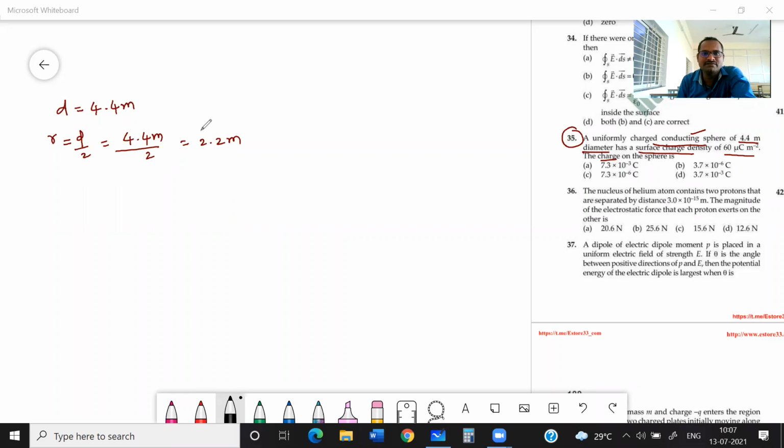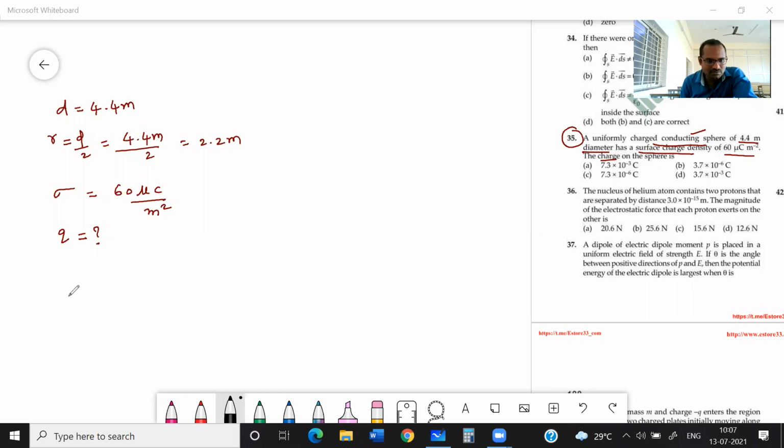One more thing they have given is that this conducting sphere has a surface charge density. Surface charge density we indicate with the letter sigma, and the value is given as 60 microcoulomb per meter square. Clear, students? Then what will be the charge on that conducting sphere?